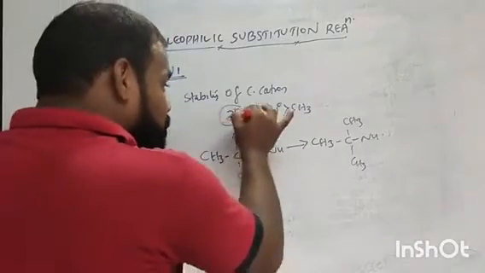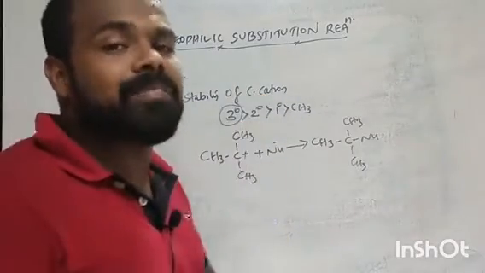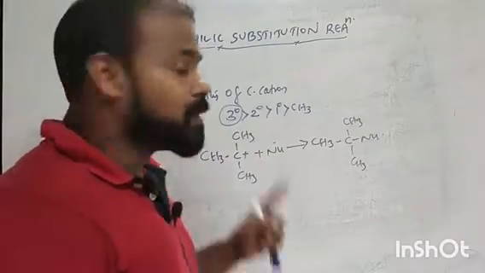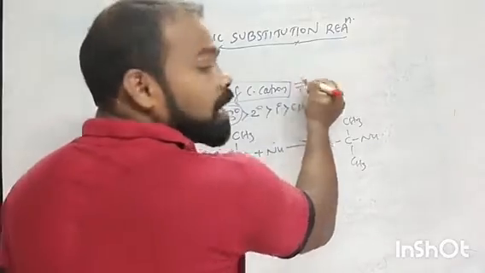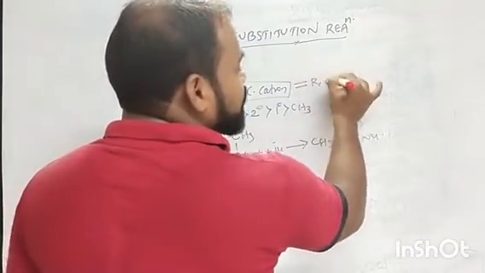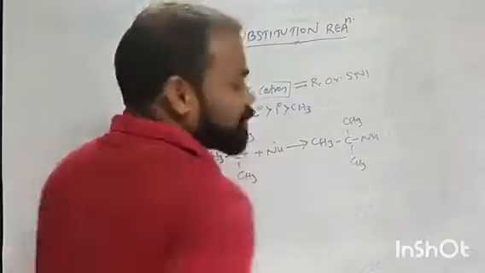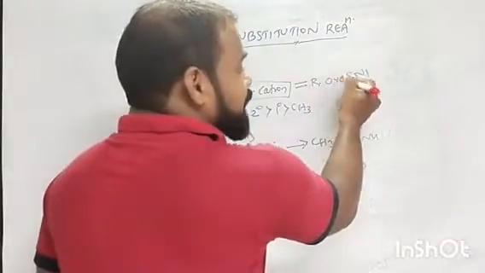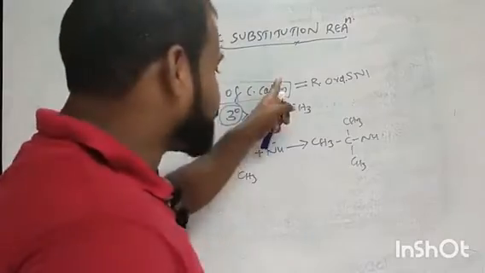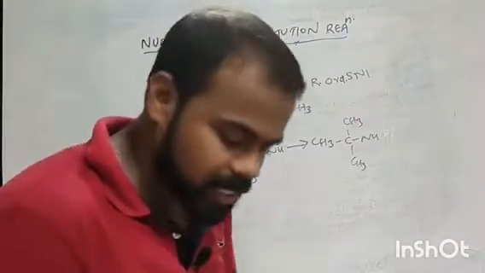Therefore, in the case of tertiary, the SN1 mechanism is preferred. The stability order of carbocation is equal to the reactivity order in the SN1 mechanism. Both are similar. Don't forget that.